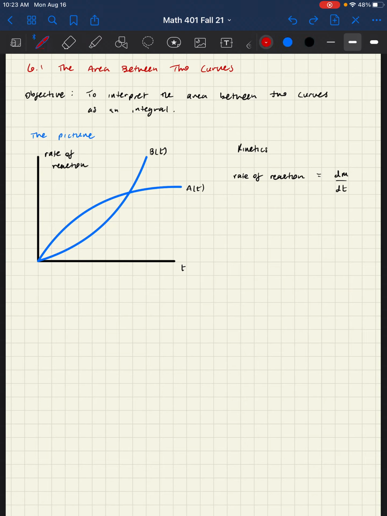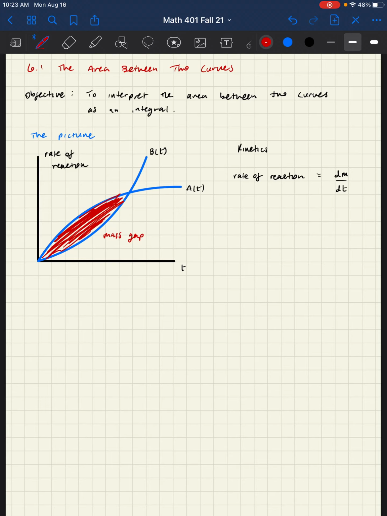Fine, we'll use red. So this area here, I'm shading in right now. That area between those two curves is what we're going to call the mass gap. So it's the difference in how much more of A was produced than B over that time period.